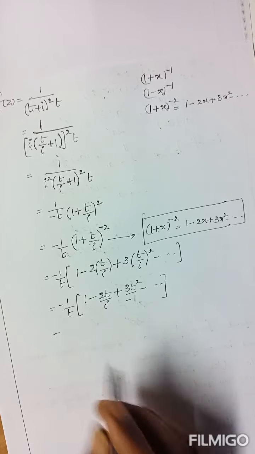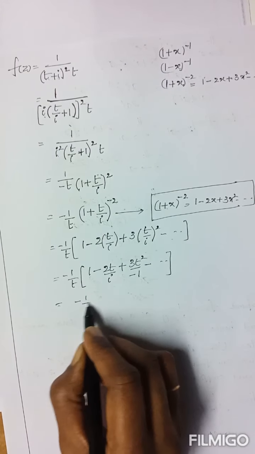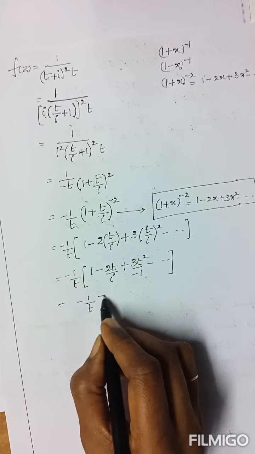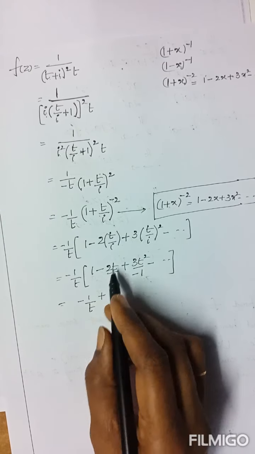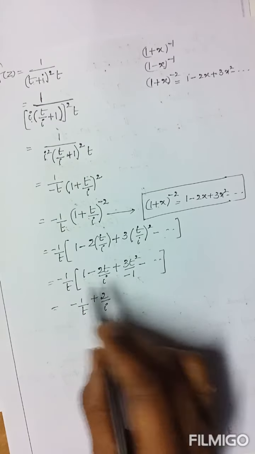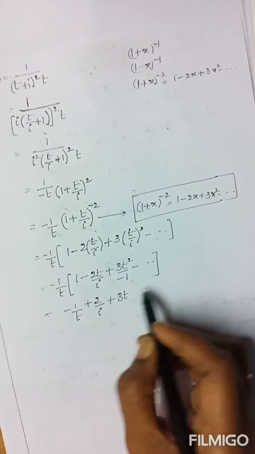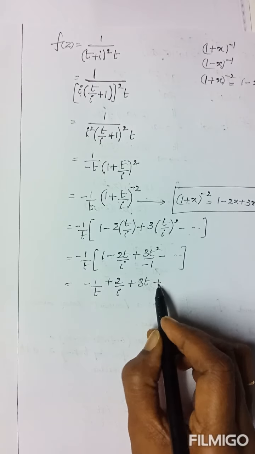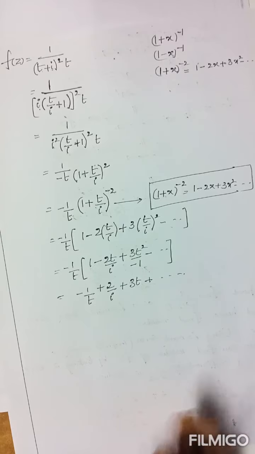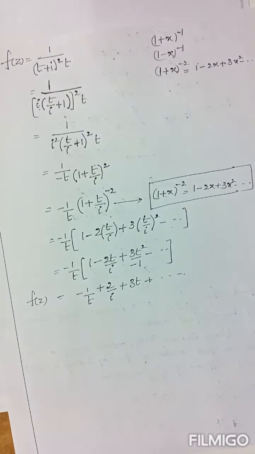Now enter minus 1 by t also into the bracket: minus 1 by t plus 2 by i, t cancels. Here minus into minus is plus 3t, here plus and so on. This is the expansion of the given function according to the Laurent series.